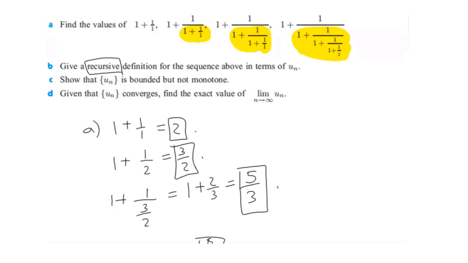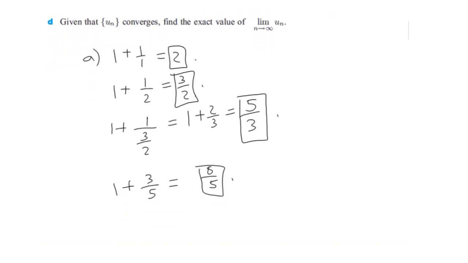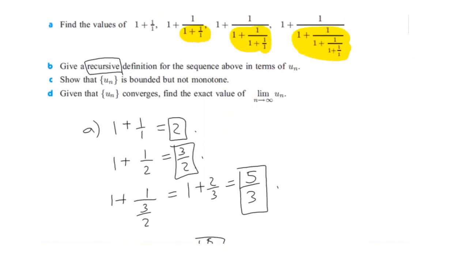As in either how you go from the present term to the next term, or how you go from the previous term to the current term. They're both completely valid. So if it was in terms of Un, we're going to have to write Un+1 in terms of Un. So that is part B.